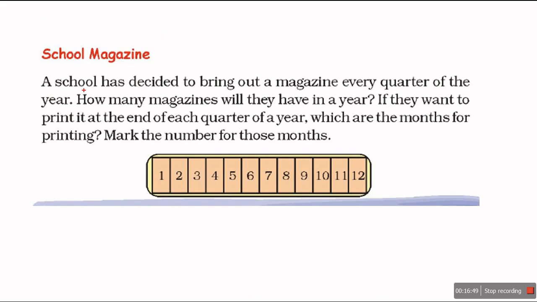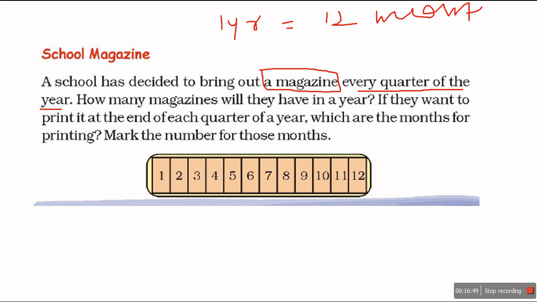School magazine. A school has decided to bring out a magazine at every quarter of the year. 1 year is equal to 12 months. So he has divided the year into 12 boxes.